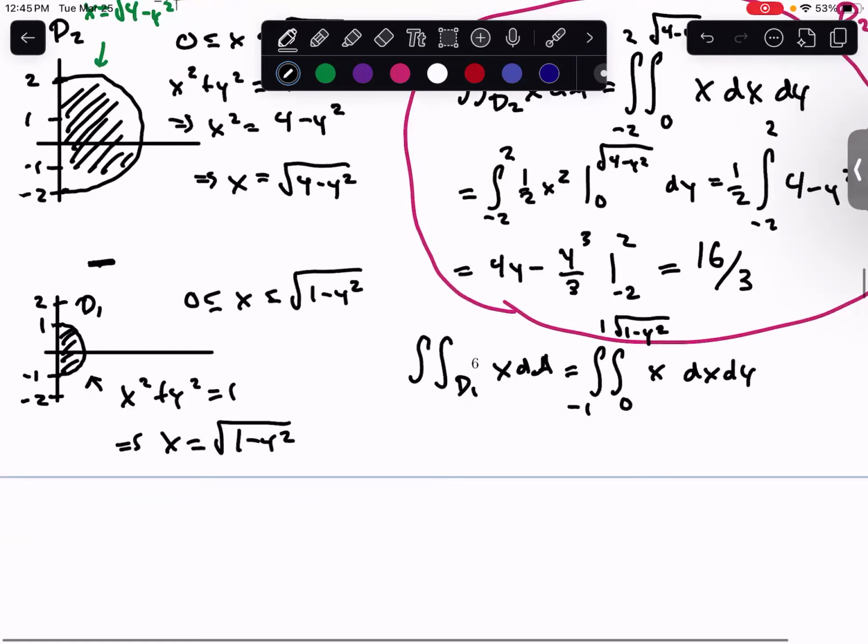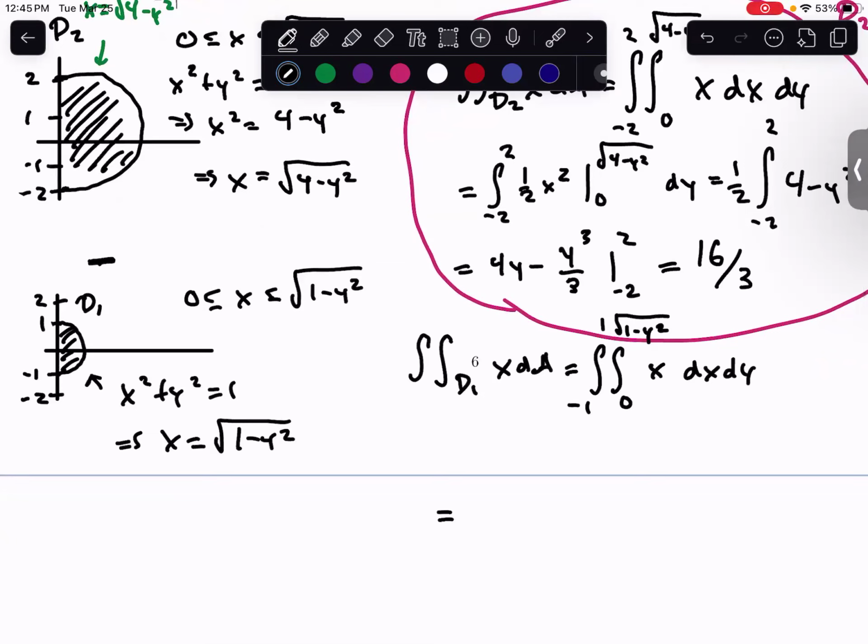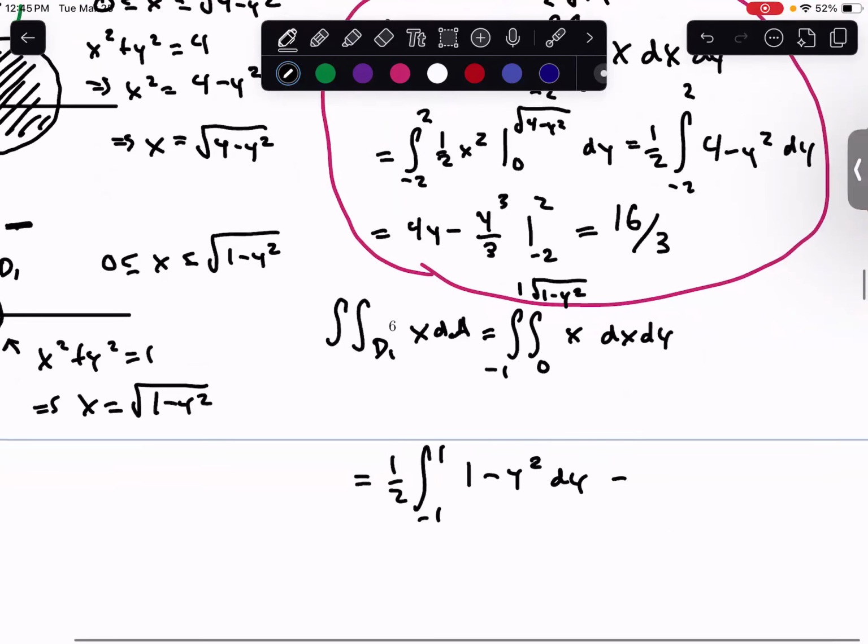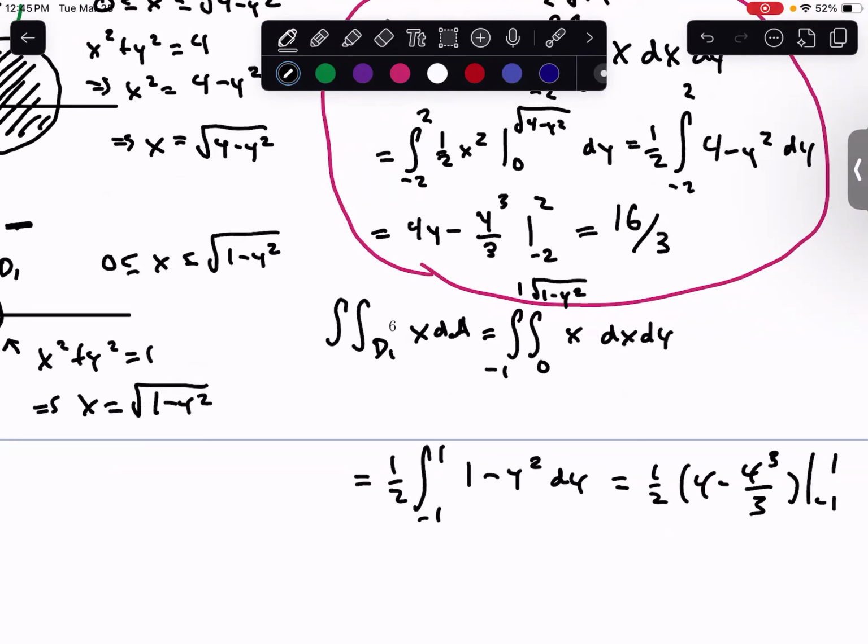So the computation is pretty much the exact same thing. This ends up being 1/2 times the integral from -1 to 1 of 1 minus y squared, just like we saw in the previous part. And if you integrate this, this will be equal to 1/2 times y minus y cubed over 3, evaluated from -1 to 1. And if you plug that in, it ends up being equal to 2 over 3.